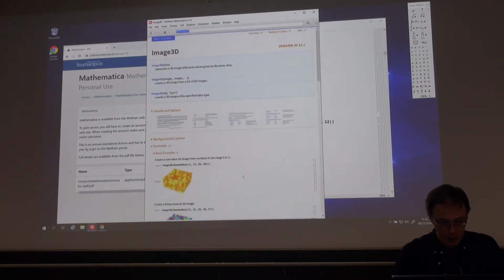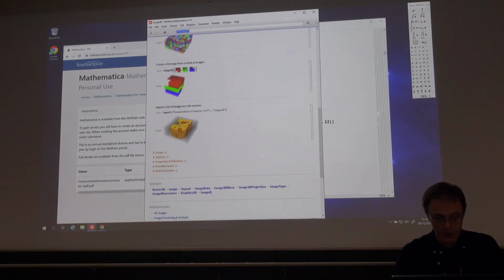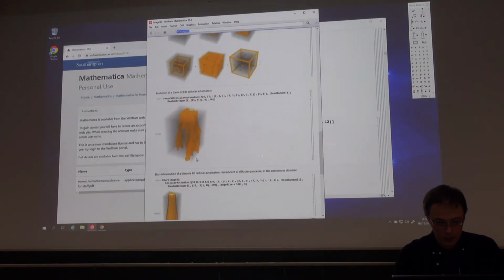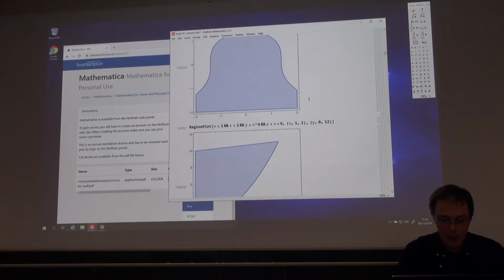Image 3D, that's interesting. There we go. So you can plot bits and pieces of internal combustion engines and so on. Some kind of diffusing process, some MRI imaging, it doesn't need to rotate in real time.